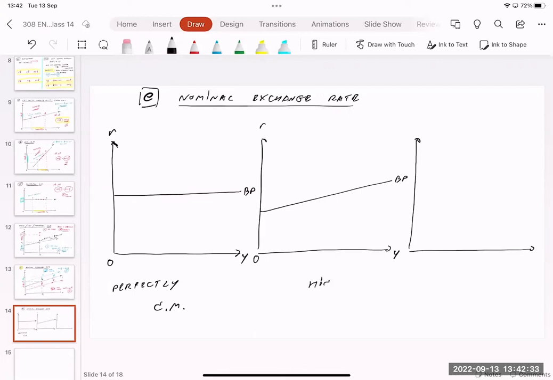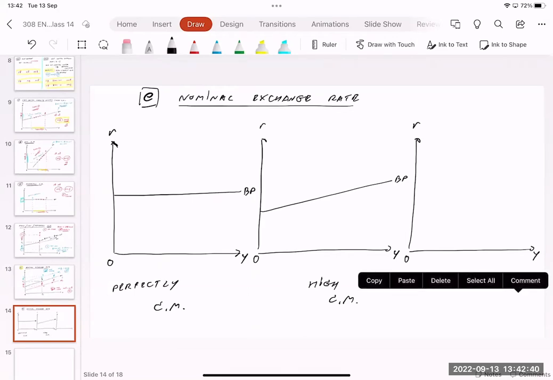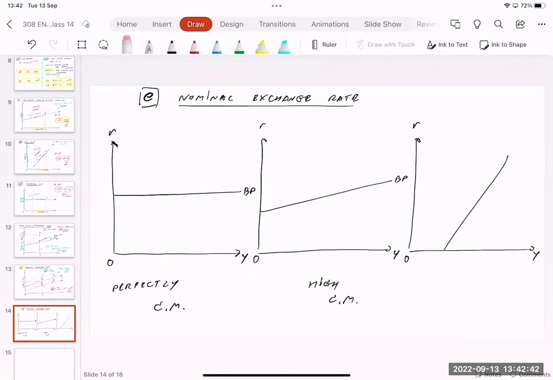This is high capital mobility. And this is low capital mobility. We have three cases.